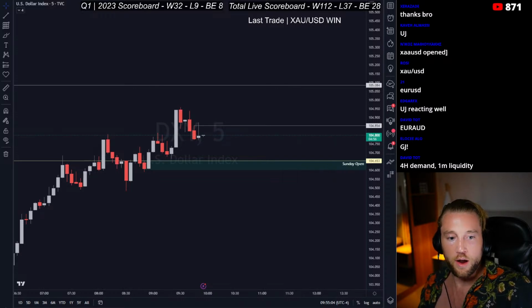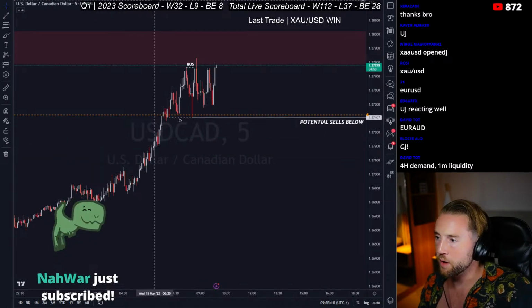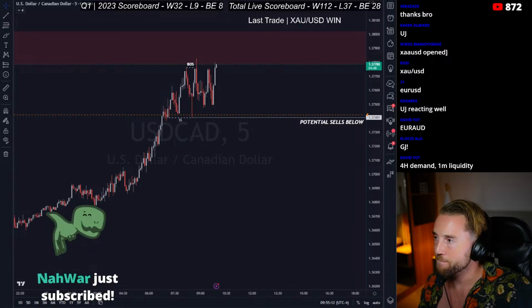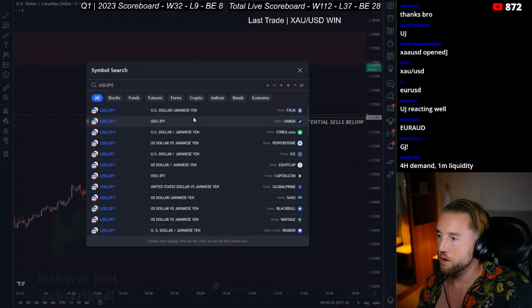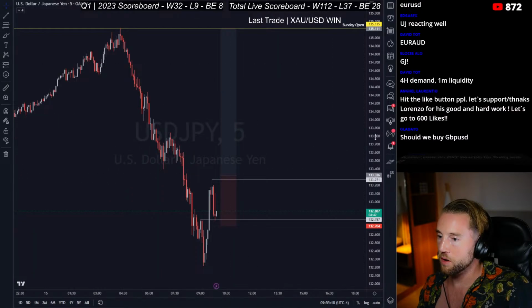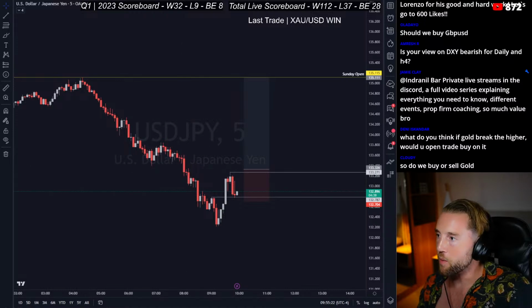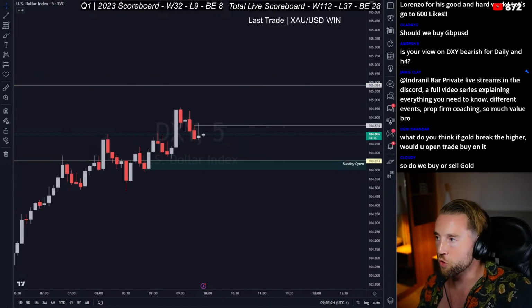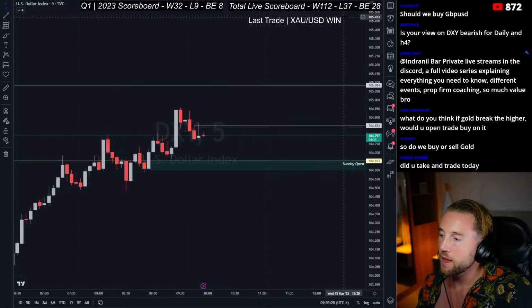Is your view on the dollar index bearish for the daily and higher time frame? I would say that I need to look, but it's a good question. Okay, so the dollar is kind of on the weak side, but it's not super weak at the moment. It's kind of reacting, kind of ranging here.